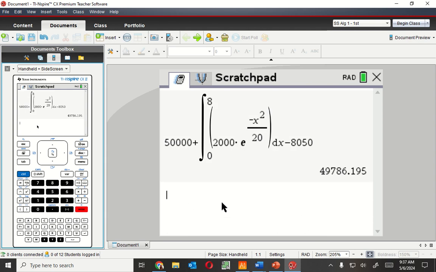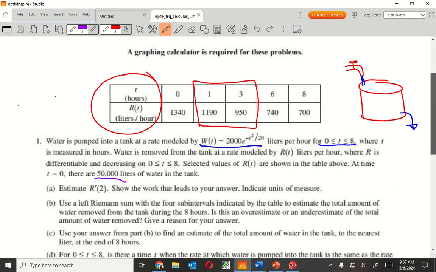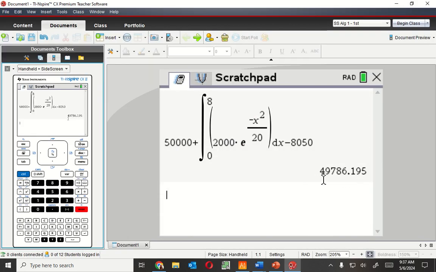So I get 49,786, and it said round to the nearest liter. So that would actually be right here, just 0.6. So 49,786.